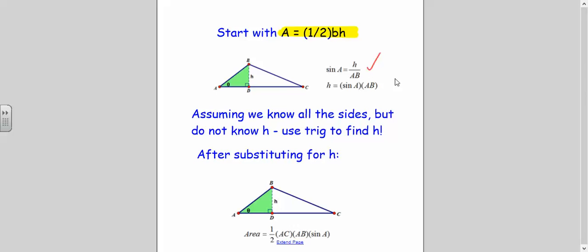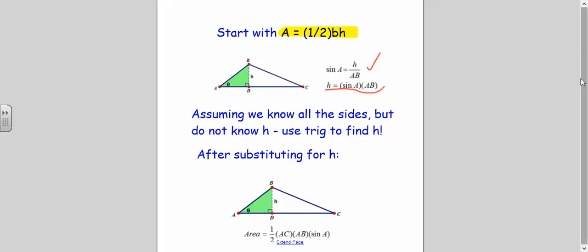If you wanted to solve for the height, because that's the one thing we don't know, we would multiply both sides by AB. So the height of that triangle is the sine of the angle times the side AB. In this situation we typically know 2 of the sides with the included angle, so we can use trig to find that height, okay?